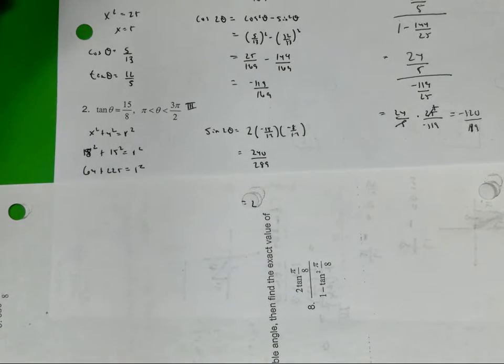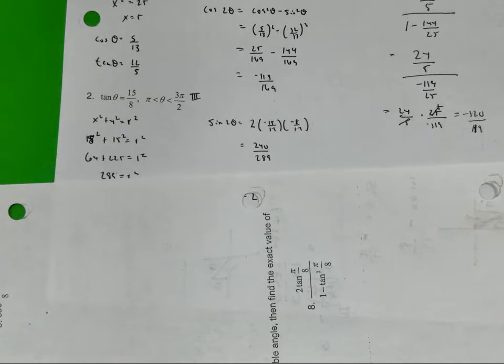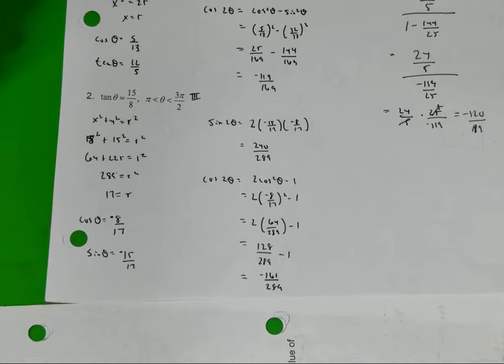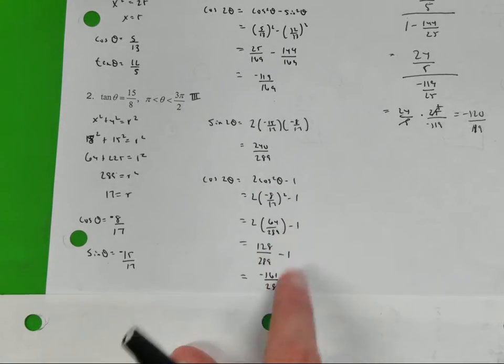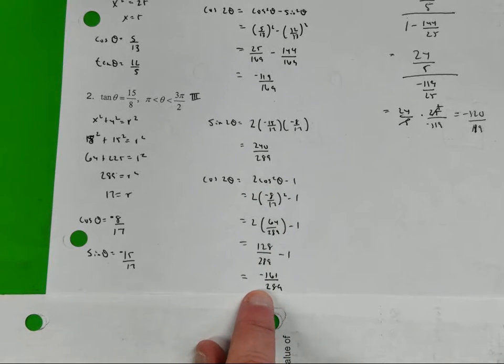Okay. Has everybody had a chance to do cosine? It doesn't matter what formula you used. I got negative 161 over 289. I usually use the first one, but I used a different one to show you that it's all good.